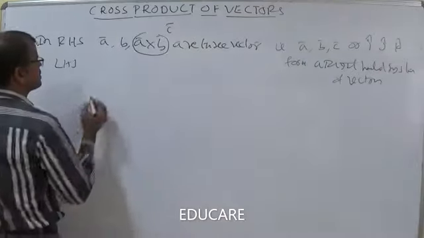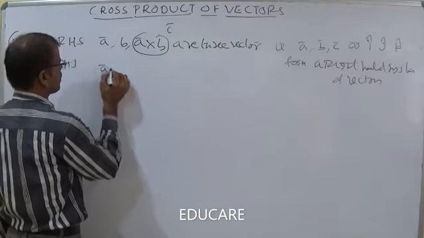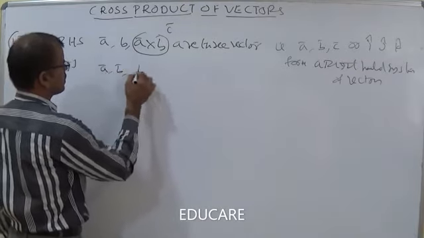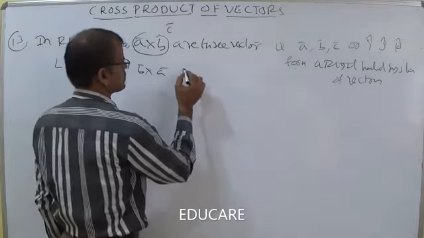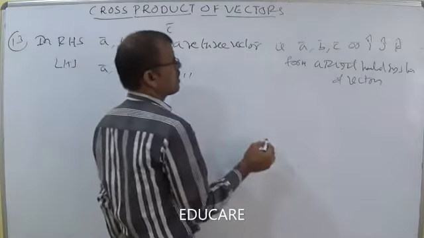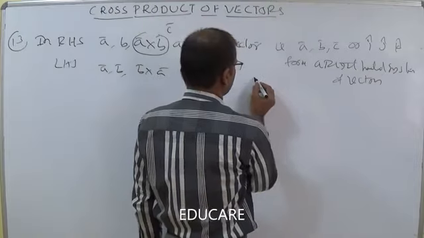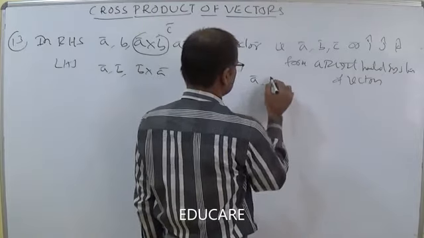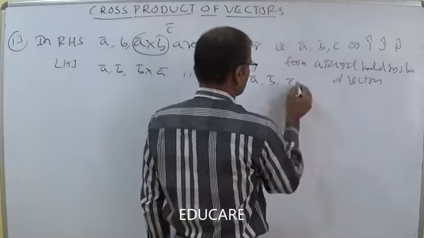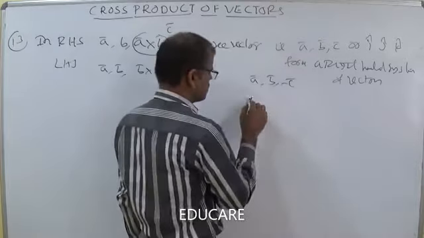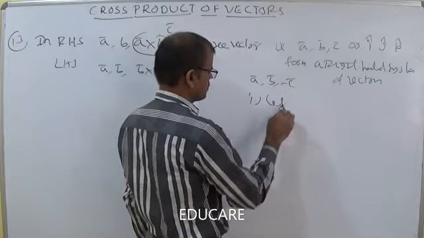LHS means left-hand system. A bar, B bar, and B cross A, meaning negative direction, are three vectors. So A, B, C or I, J, K, you can write here as A, B, minus C, already indicating the negative direction, is a left-handed system.